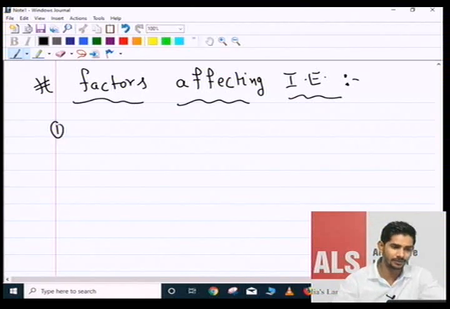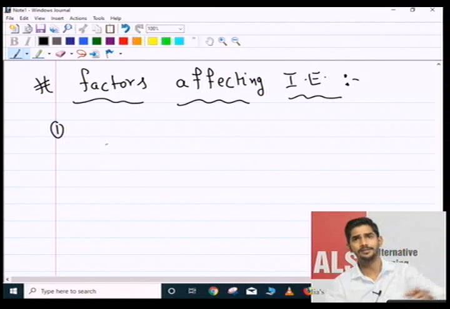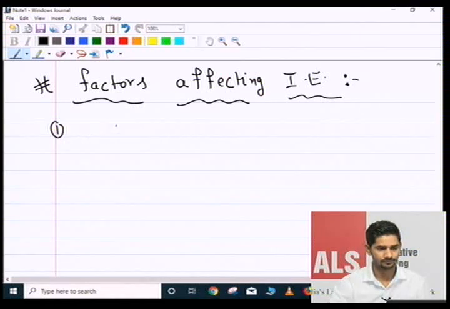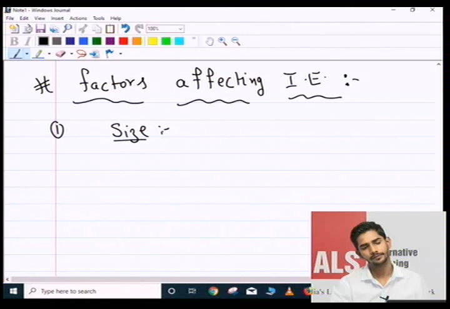First of all, let us discuss the size. How does size affect this? Guys, please tell me, what will happen to the ionization energy? Will it increase or decrease on increasing the size? Size is increasing. Please tell me, what will be the effect on the ionization energy on increasing the size?